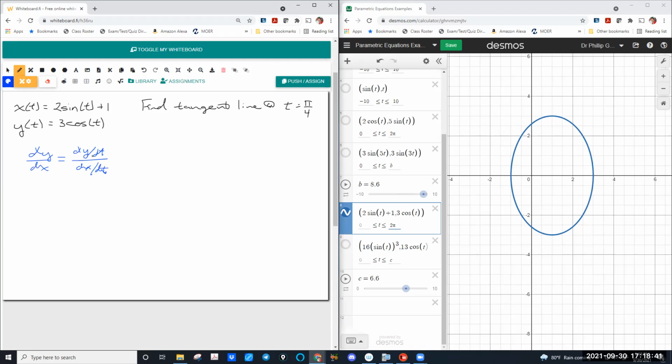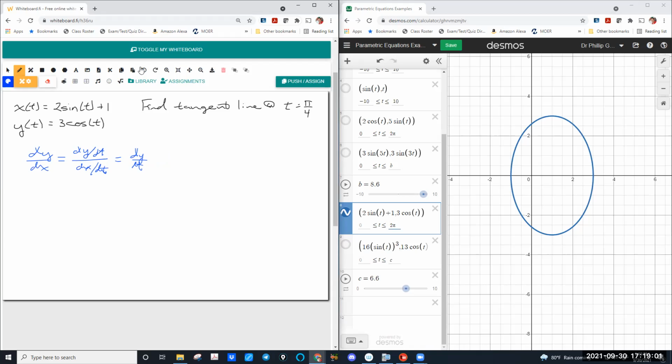Because if we think about dividing fractions, we flip the bottom and multiply, and the dt's cancel out, right? This would be dy/dt times dt/dx. This is basically from our chain rule. All right. So that's basically what's going on there.